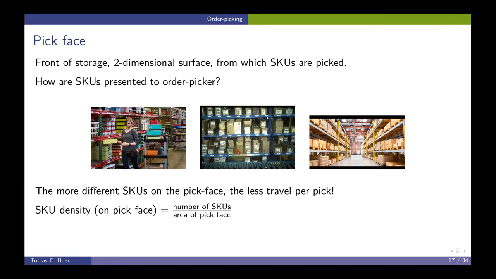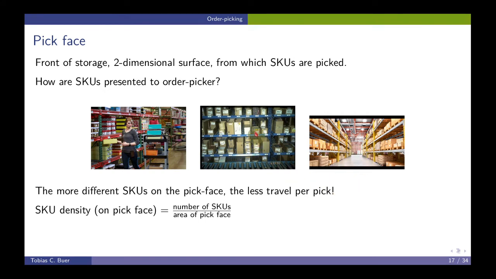Assume you are an order picker and you look at this picture in the middle, then all these items that you can access would be your pick phase. The number of items in this pick phase in the picture in the middle is quite high, and in the right picture, the number of items in the pick phase is quite low.